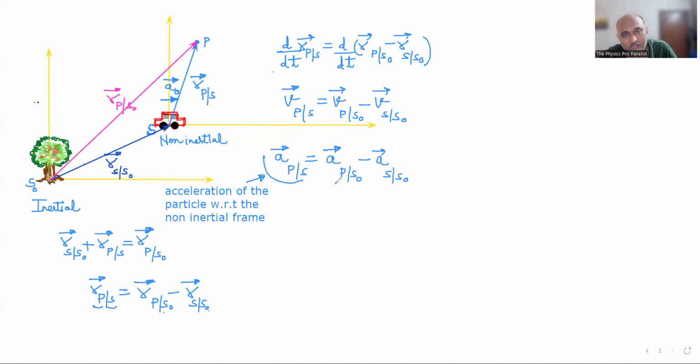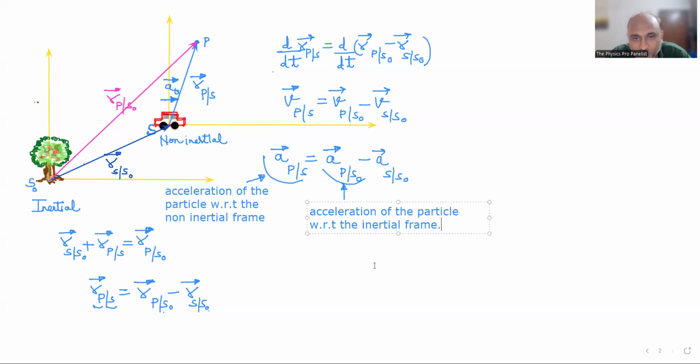What I am doing here is, this is acceleration of the particle with respect to the inertial frame, right?